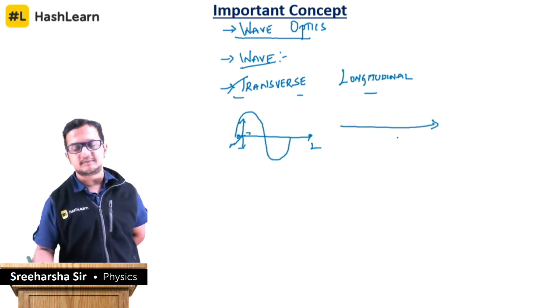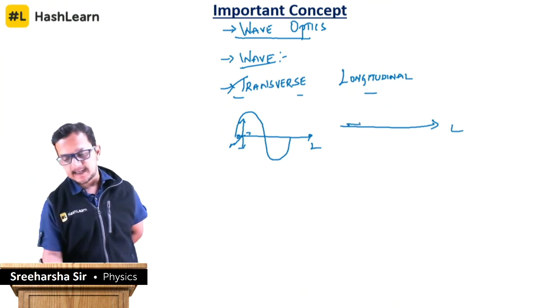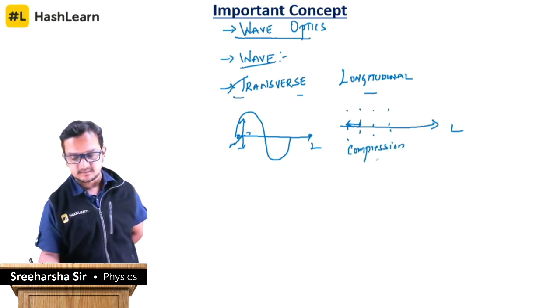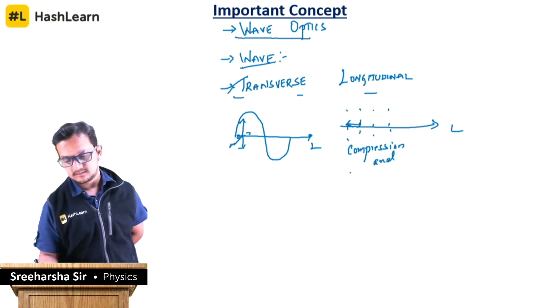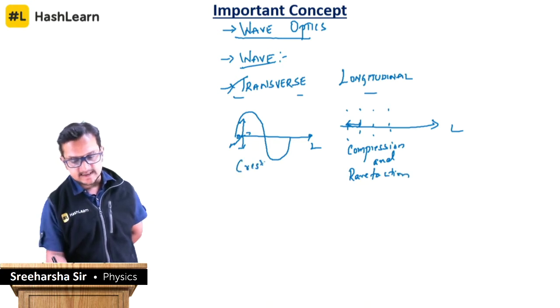Whereas in the longitudinal wave the particles vibrate along the direction of propagation, which forms compression and rarefaction. Here you will have crest and trough.